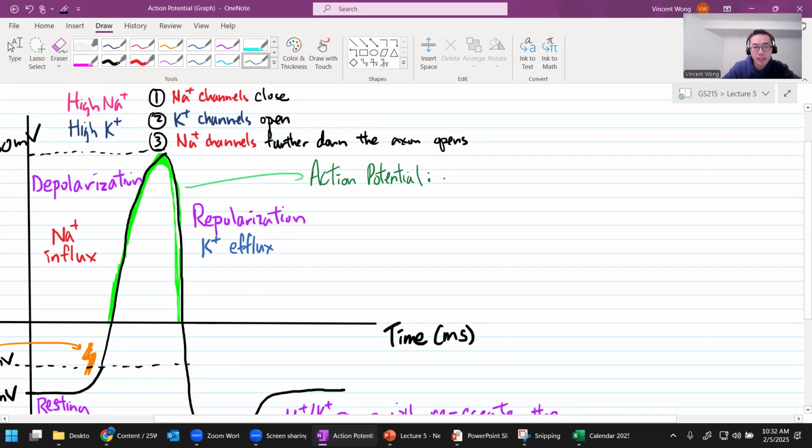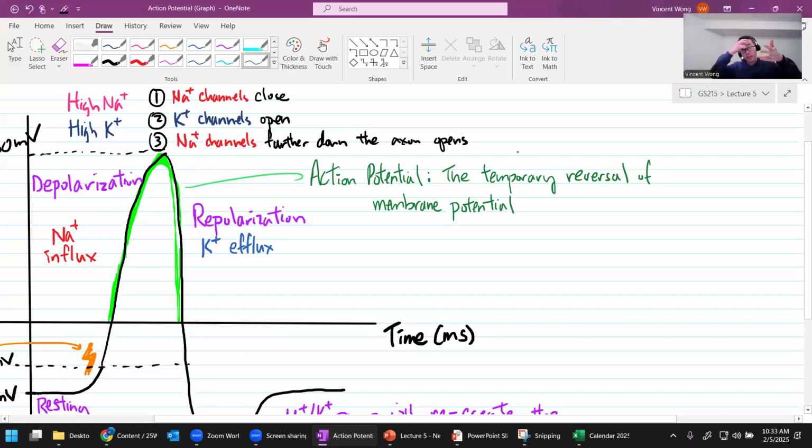Which by definition is the temporary reversal of membrane potential. Okay, you are flipping it from negative to positive only momentarily before it goes back.